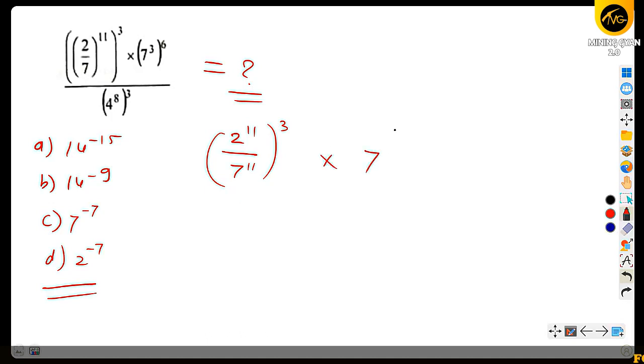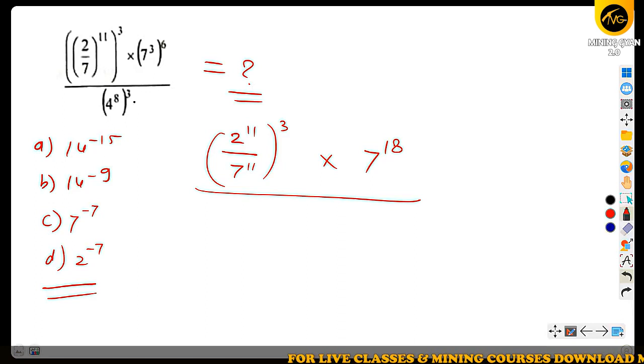Multiply 7 whole power 18. We can multiply 3 into 6. Now the whole divided by 4 power 8 into 3. So we can write that 4 power 24, correct?